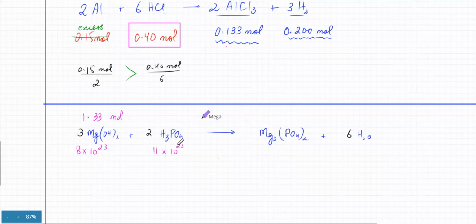1.83. So you're getting 1.83. Which one do you think is the one that's in excess? The one that has 1.83 moles. Wait, actually no. Go do 1.83 divided by 2. 0.915.